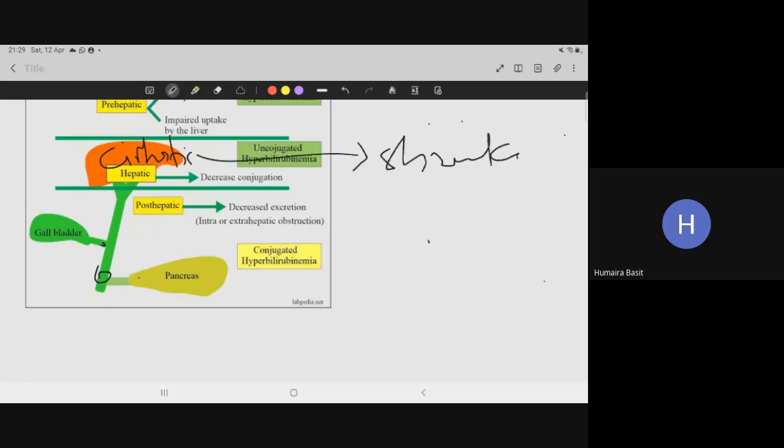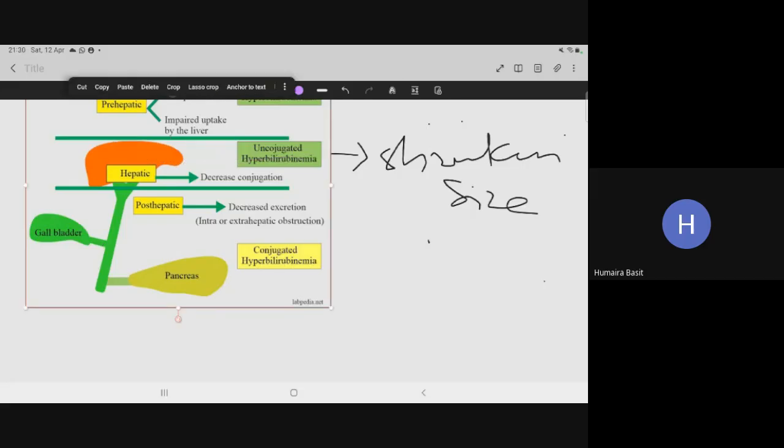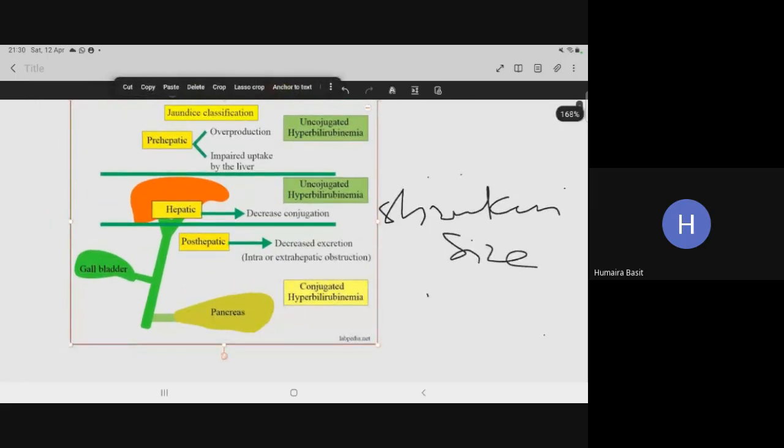If in the middle of this you have the central vein, and this whole thing has compressed or shrunken in size, it will increase pressure here, correct? And if it increases pressure here, it will increase the pressure on the vessels joining this duct.